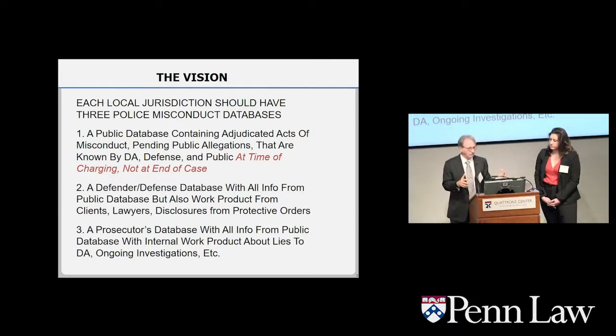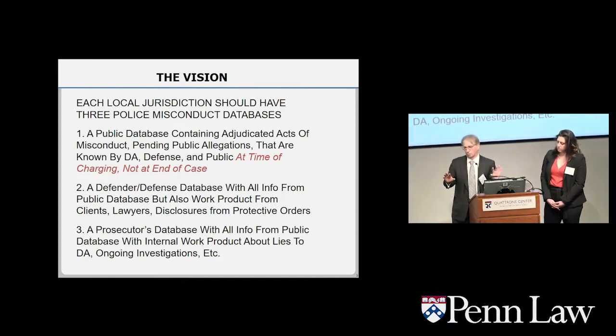The public version of the database, the Invisible Institute's and Legal Aid's, only consists of adjudicated findings by state and federal courts that an officer lied, violated the Fourth Amendment, used excessive force, or a settled civil rights case, or a finding by a civilian complaint review board, right? All those are public acts, as well as overtime, which she'll tell you about, that's a tremendous tell, and the rosters of the police officers.